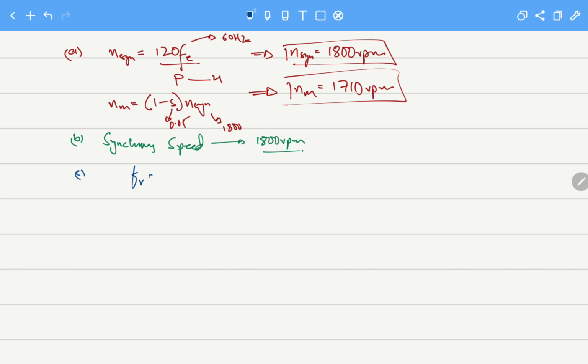So Fr, the frequency of the rotor, equals slip times electrical frequency. That is why slip is a very important concept. This becomes 0.05 times the electrical frequency of 60 hertz, so the frequency of the rotor is 3 hertz.